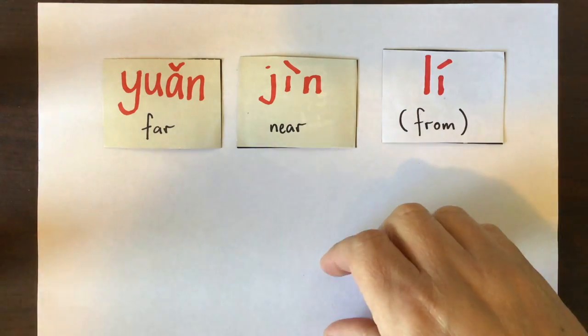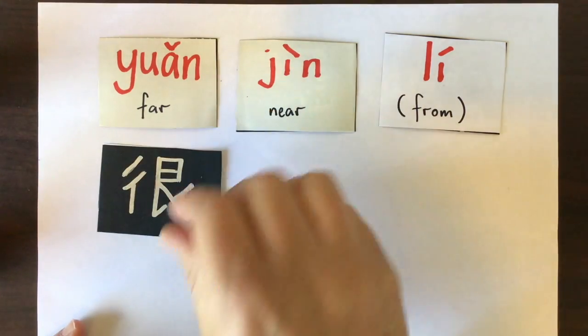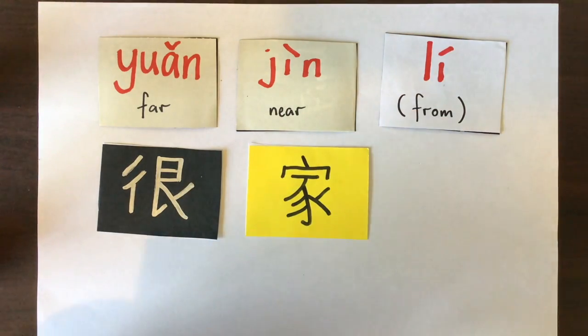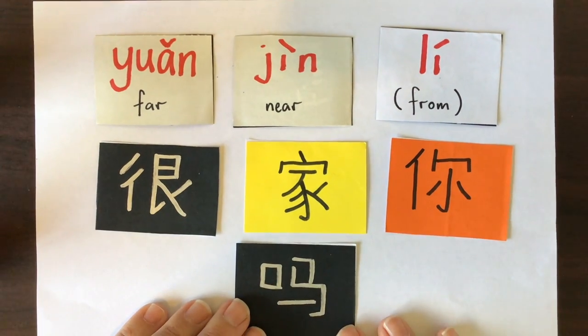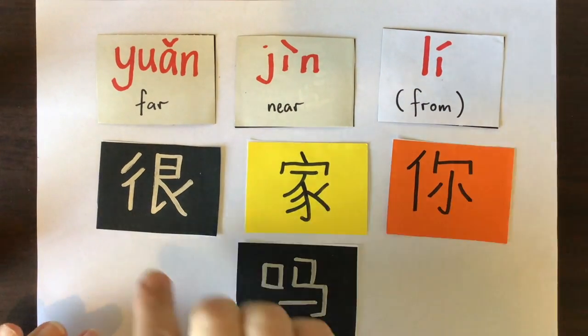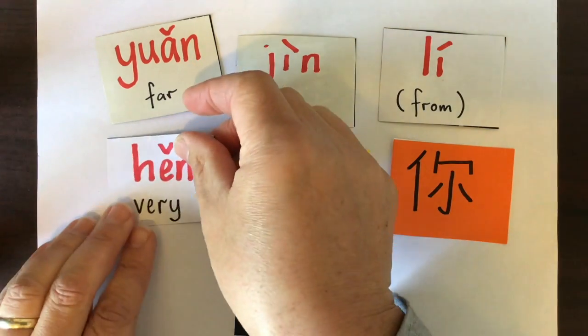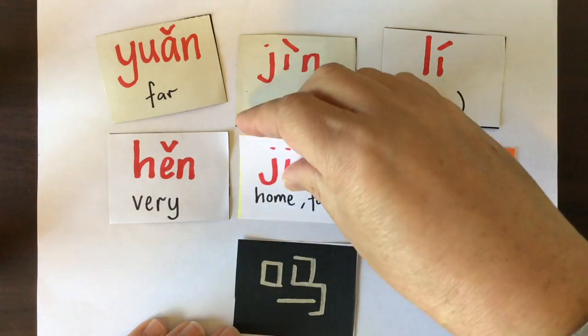Now, here are our other words. Hopefully, you will remember these from previous lessons. So we have 很, we have 家, we have 你, and 嘛. 很 means very. 家 can mean family, or it can also mean home.